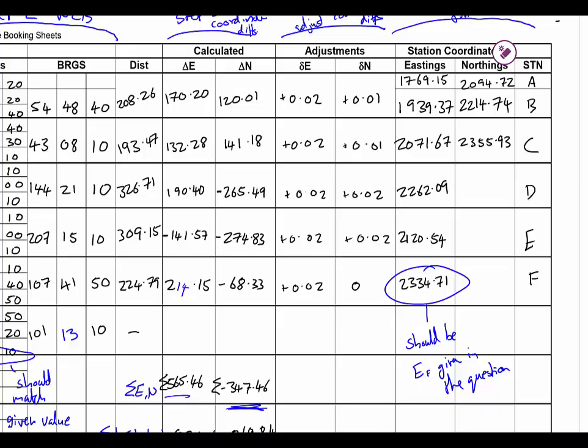We need to subtract 265.49 and add 0.02. 2090.46. We need to subtract 274.83 and add 0.02. 1815.65, and finally subtract 68.33, and we end up with 1747.32.